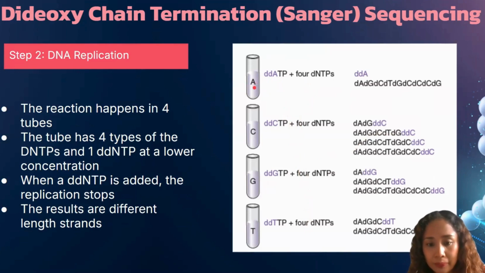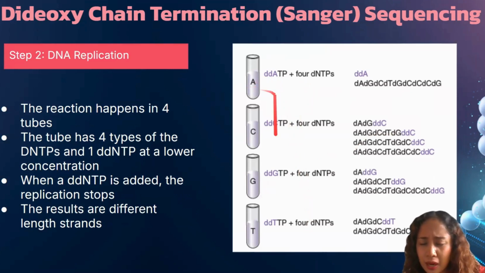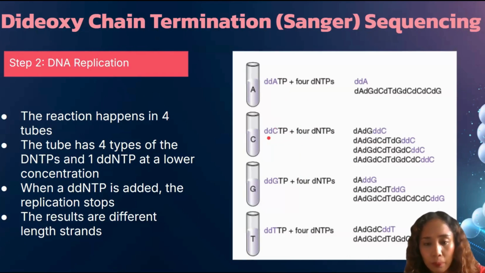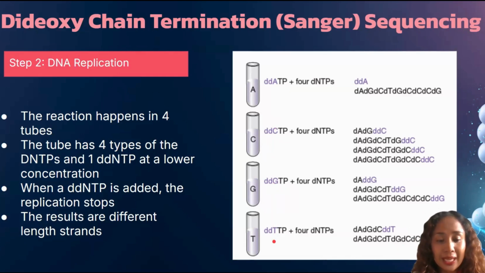For A, it's a ddNTP that terminates at the adenine group. This is your ddNTP that terminates at your cytosine group. This is your ddNTP that terminates at the guanine group. And this is your ddNTP that terminates at the thymine group.